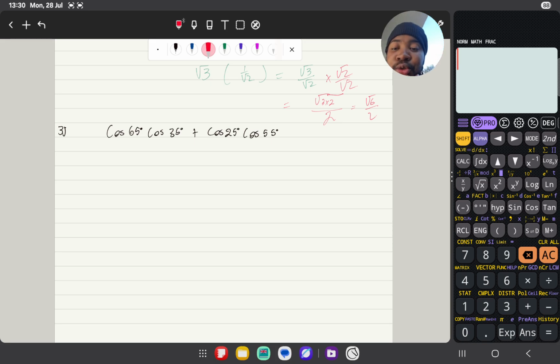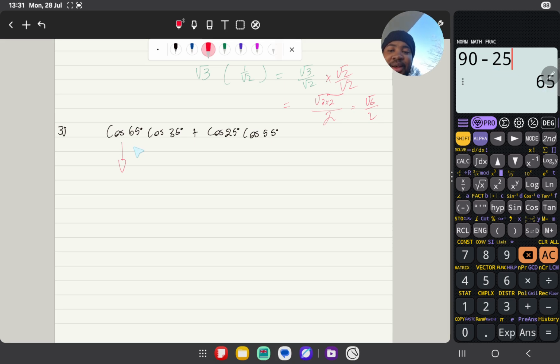So how do we then approach this one? You see, we have 65, we have 35, we have 25, we have 55. None of these angles look anything similar. But here, if I say 90 minus 25, so 90 minus 25 is 65.